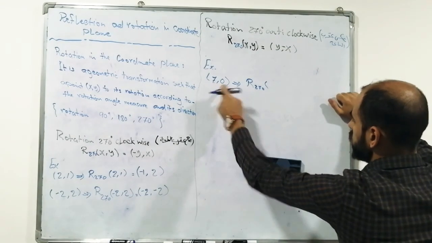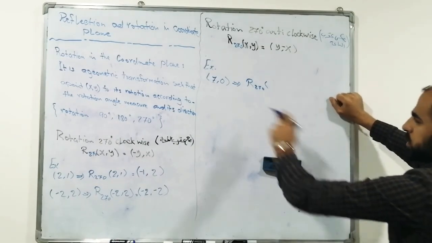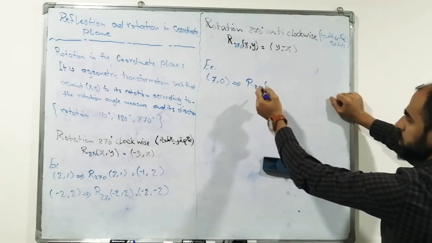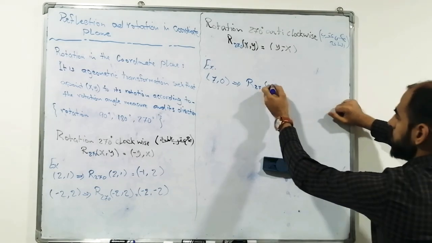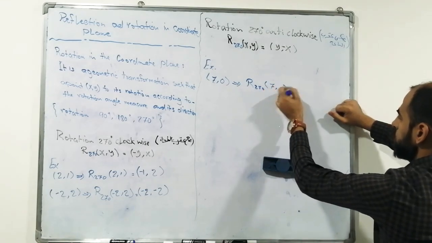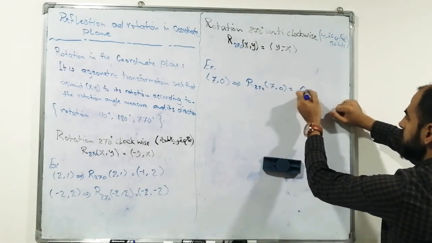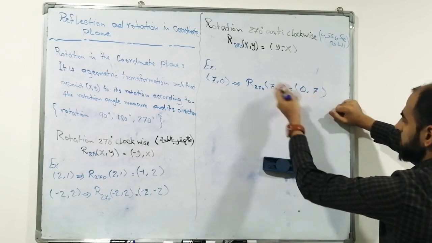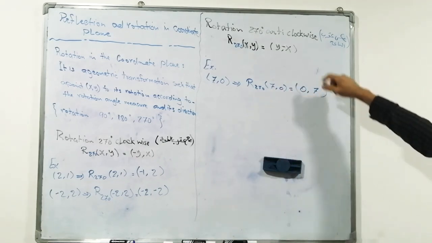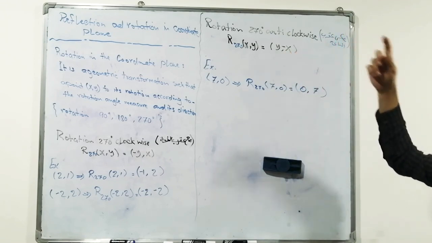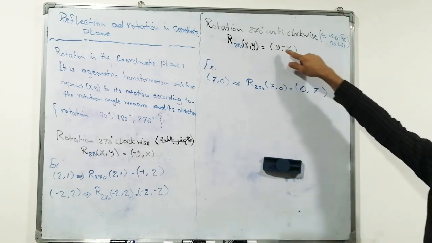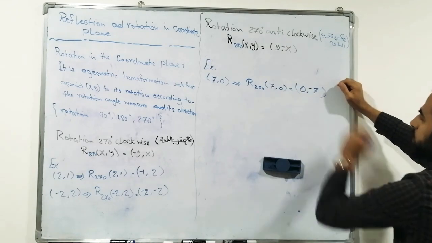So for the point 0, minus 7, we have to find the rotation 270 anti-clockwise. As we know, we change x instead of y and y instead of x, then we change the sign of the second part, so it will become 0, minus 7.